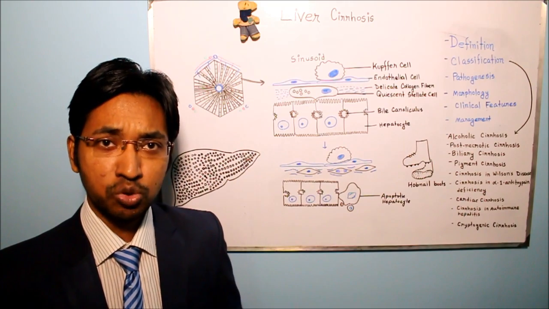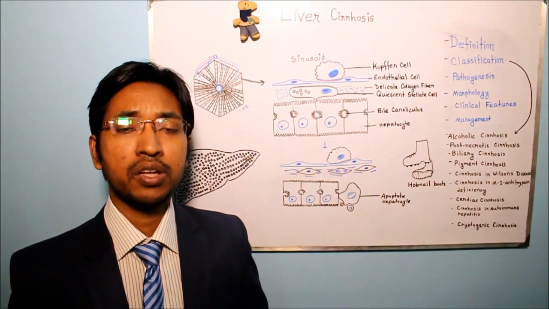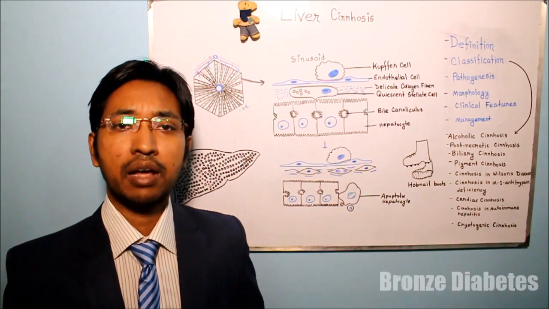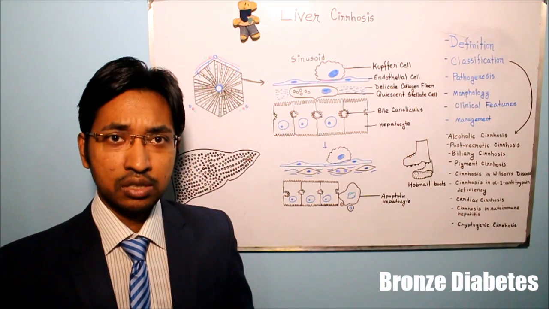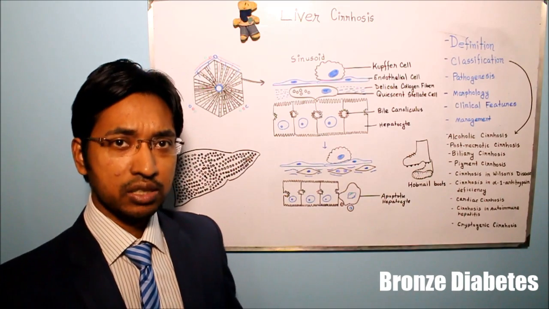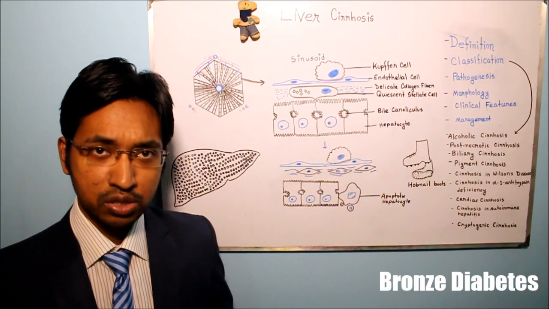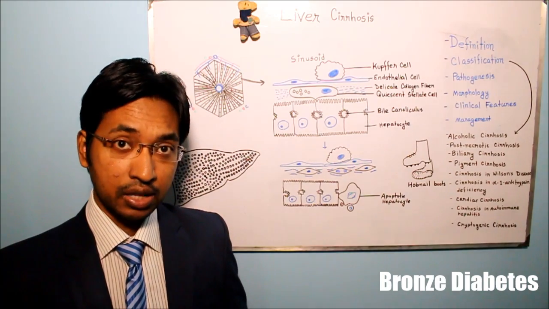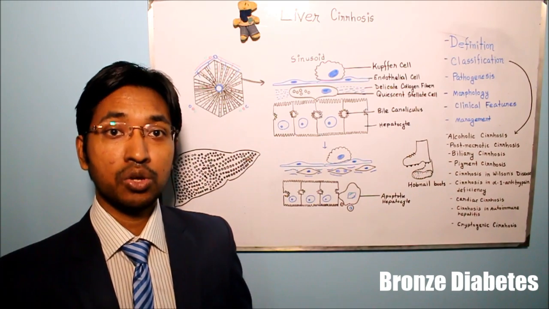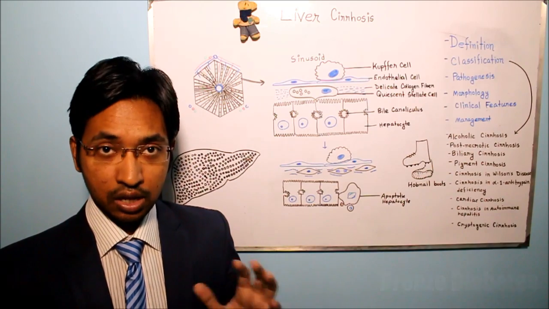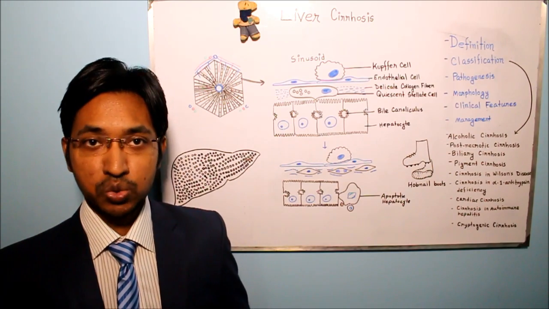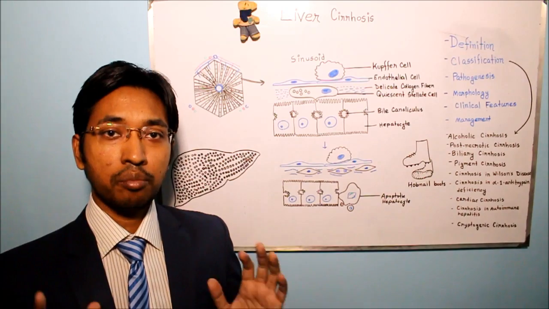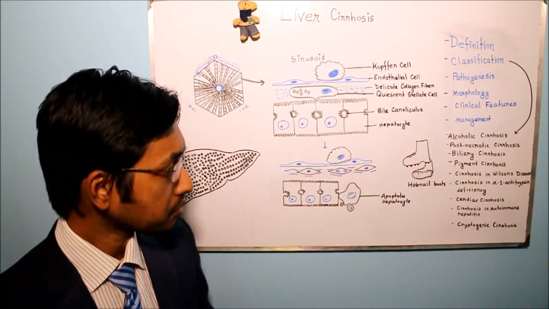In your textbook, you will also see a term called bronze diabetes. Skin pigmentation along with diabetes that we see in hemochromatosis is also called bronze diabetes.